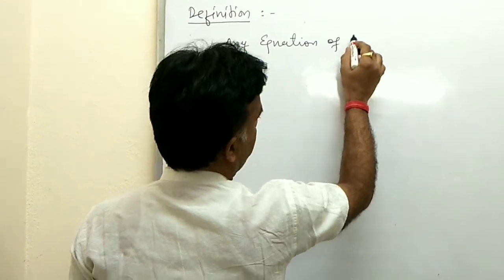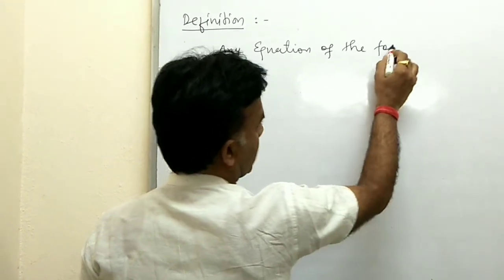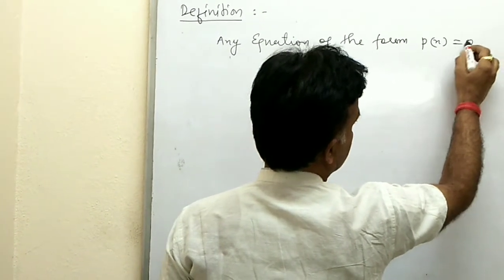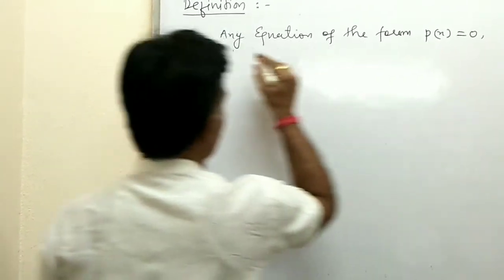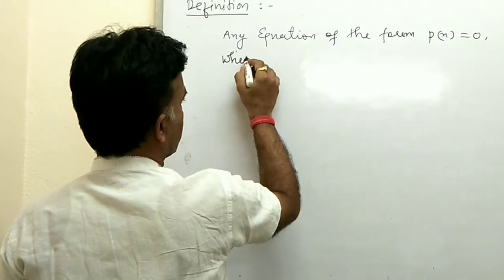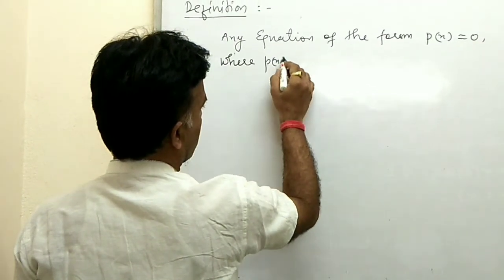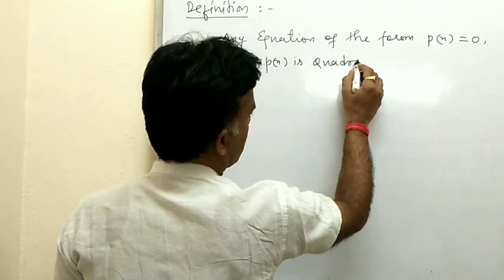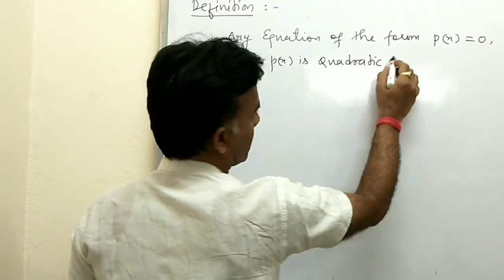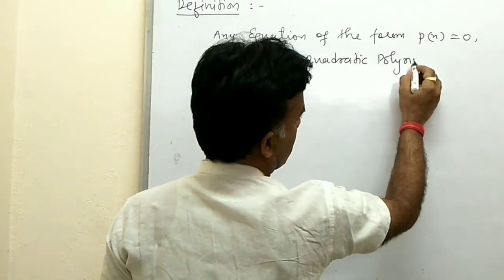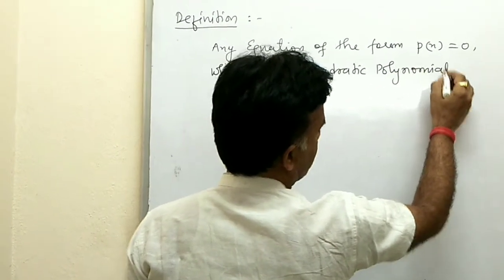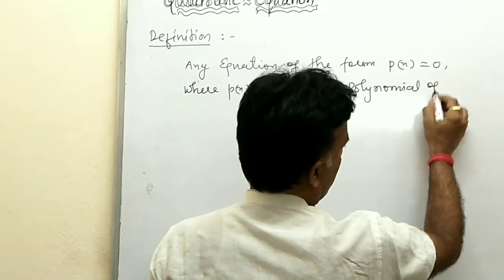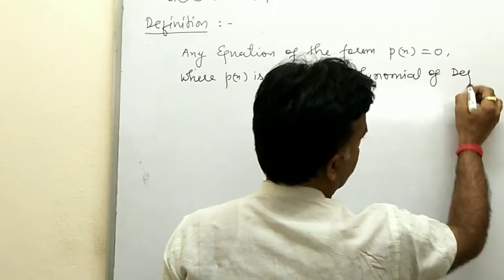of the form p of x equal to 0, where p of x is a quadratic polynomial of degree 2.